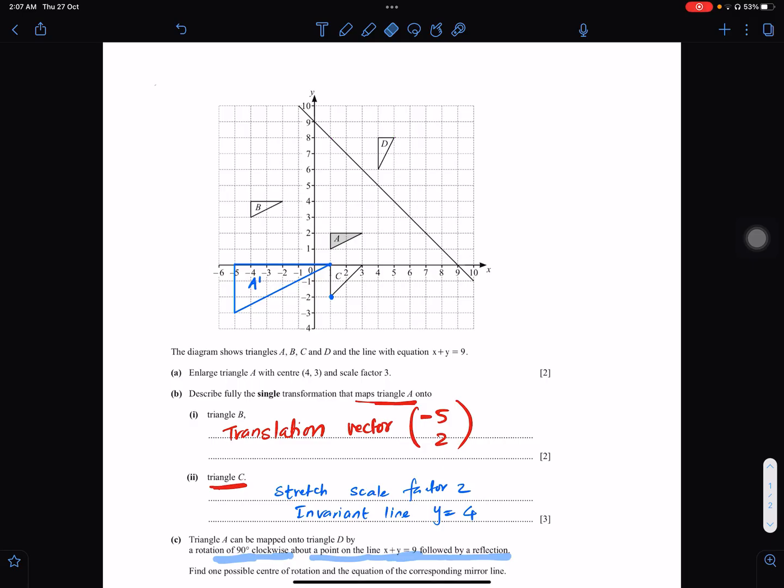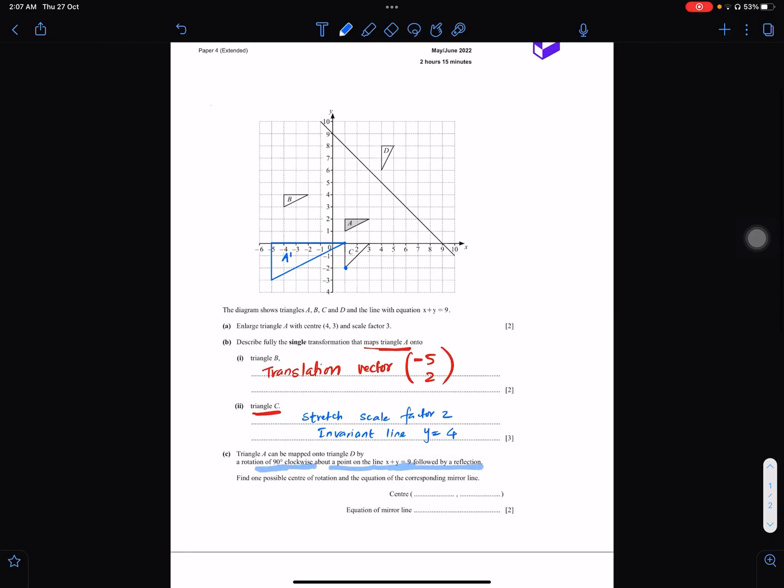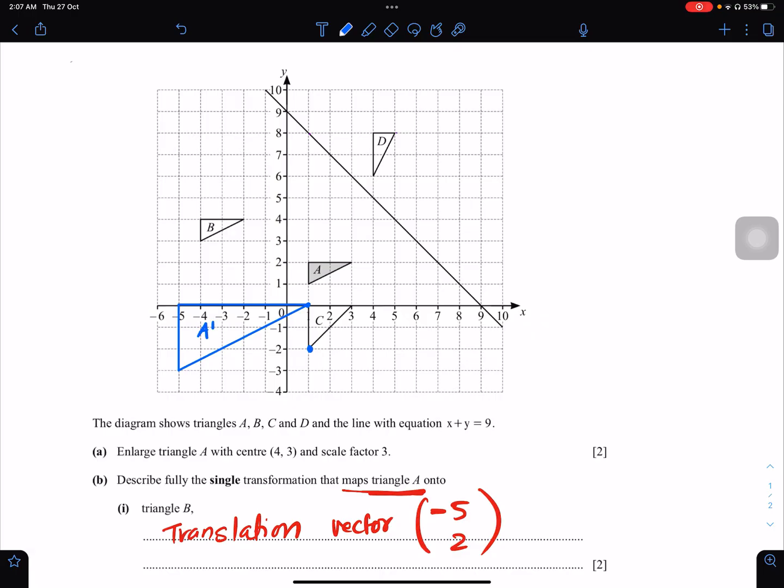Alright, so let's take any random point on x plus y equal to 9 and follow the rule of rotation. Let's say I'm on a point where x plus y is equal to 9. So this point is at 6, 3.